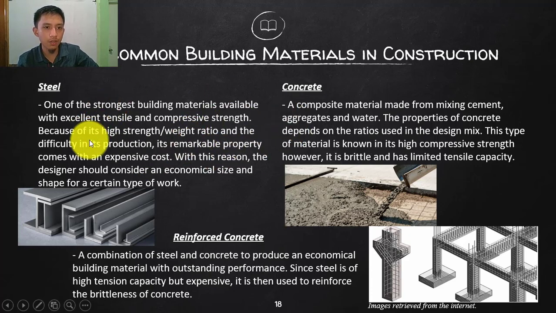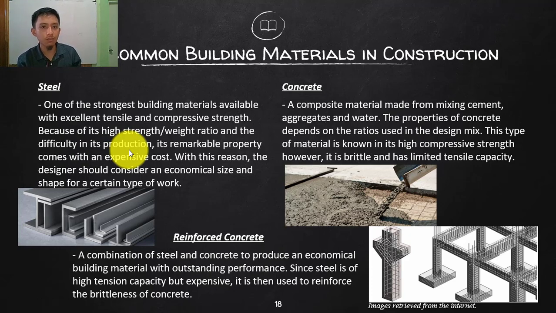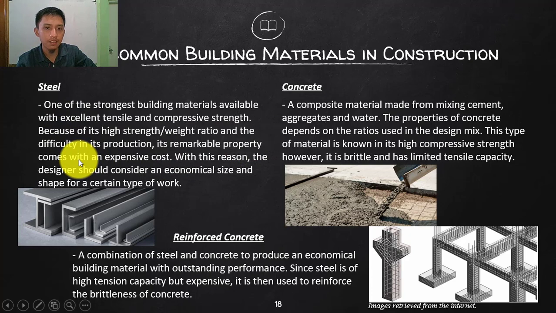And there is the difficulty in its production, of course, the production of steel that will be milled into a process, so that will be a little bit challenging or difficult. But of course you will end up with the remarkable property. Even with this difficult production and the high strength to weight ratio, we still have what we call the remarkable property, and the remarkable property that we are talking about is the strength.